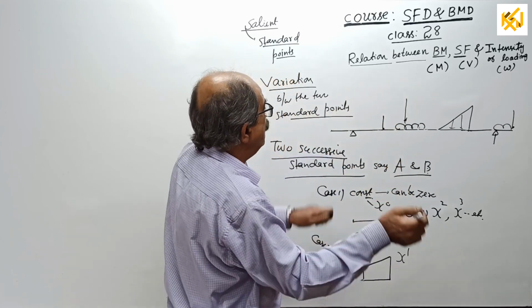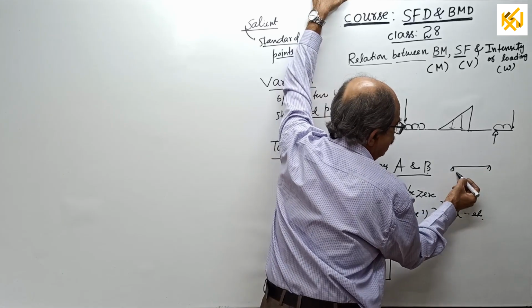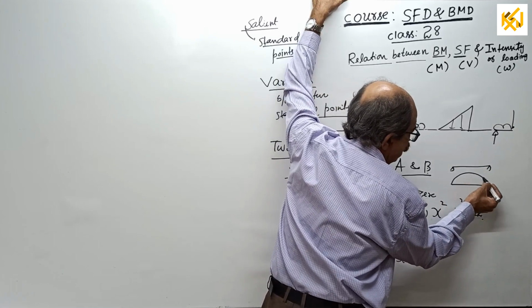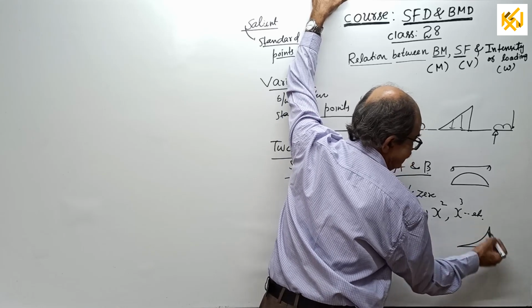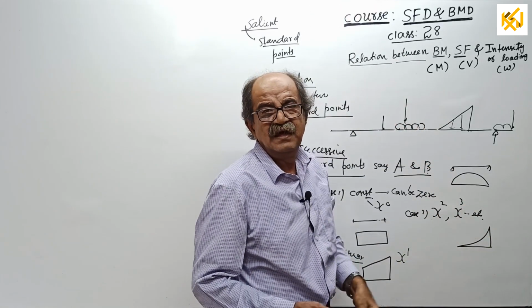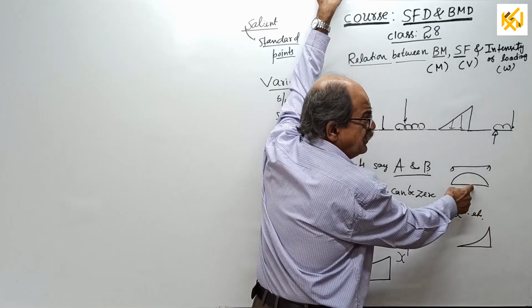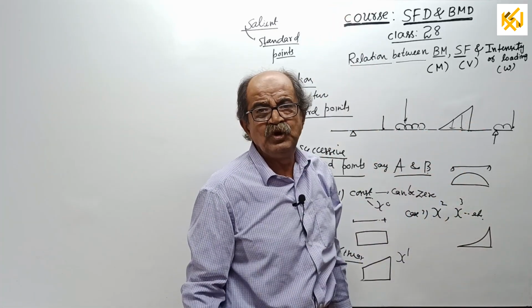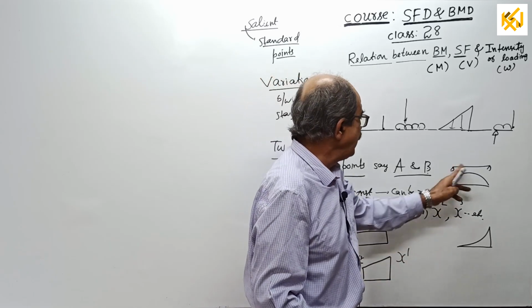I will tell you, for a simply supported beam, they will tell for BMD you draw the curve this way. For a cantilever, they will tell you draw this way. Sign is not considered here. Why? Suppose in a class, for a cantilever, I draw this way, my student, a newcomer, will start shouting, sir, no sir, it is not that way, it is this way.